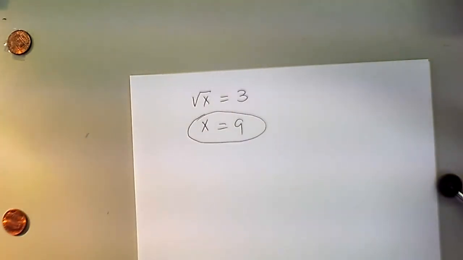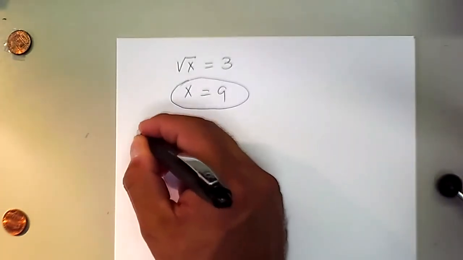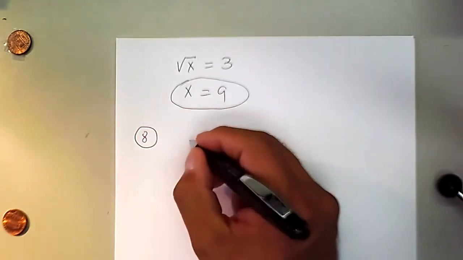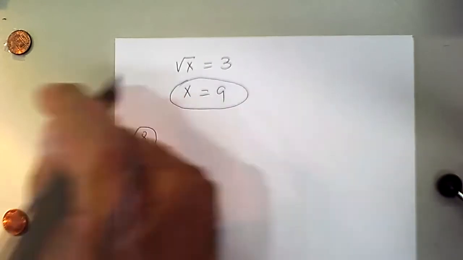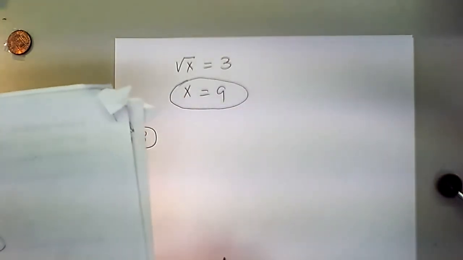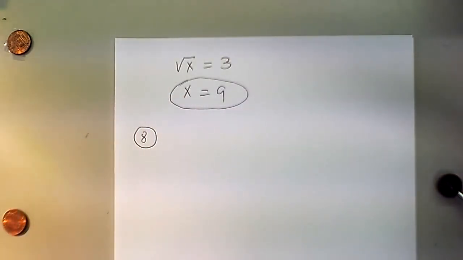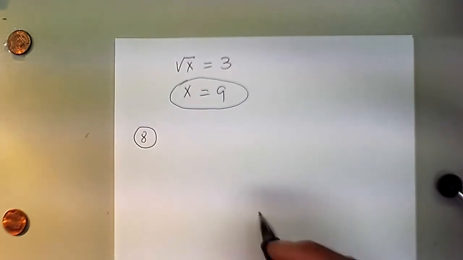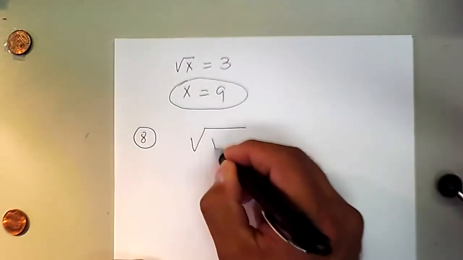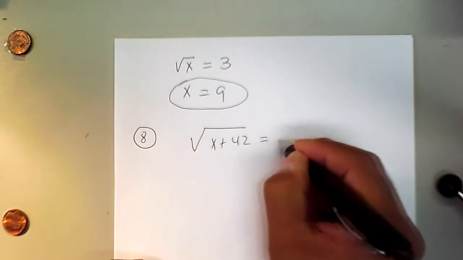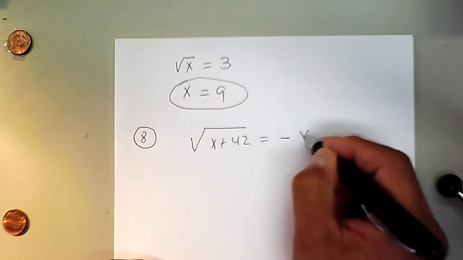Oh, the next one is a little tricky. Square root of x plus 42 equals opposite of x.